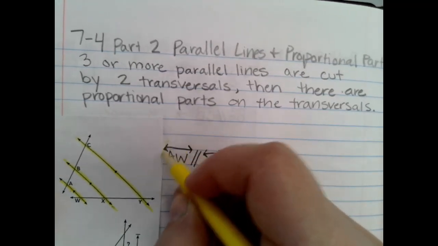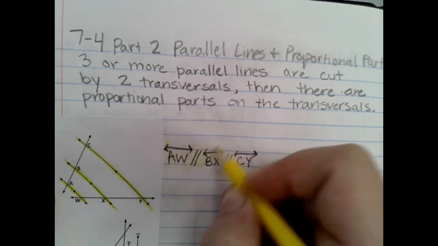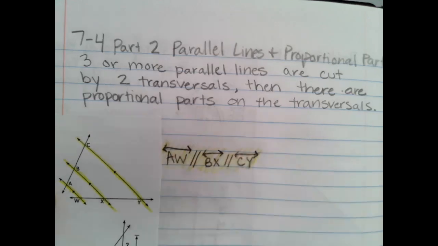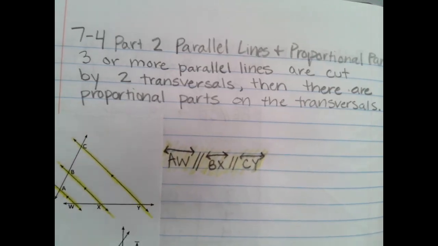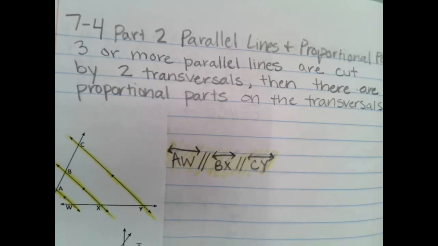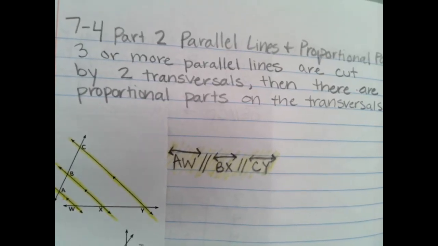So that's always the start of our theorem. We have to have an if, a given. The given part of this is that we have to see that those are parallel. So we see that those are parallel. Then because of that, we can write different proportions.